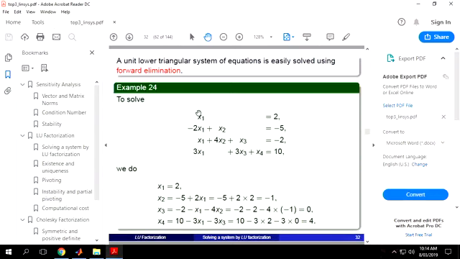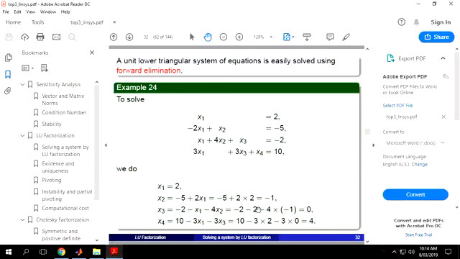And you can see that when you try to solve this one, it's very easy. You get x1 equals something, then for x2, you just get it out by putting x1 to the right, and so on. This one we call forward elimination.